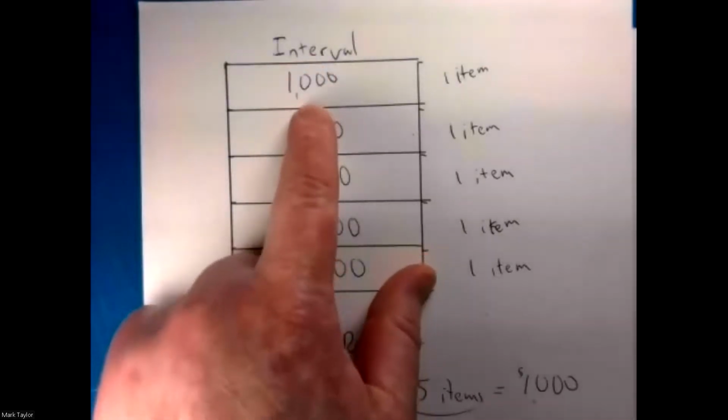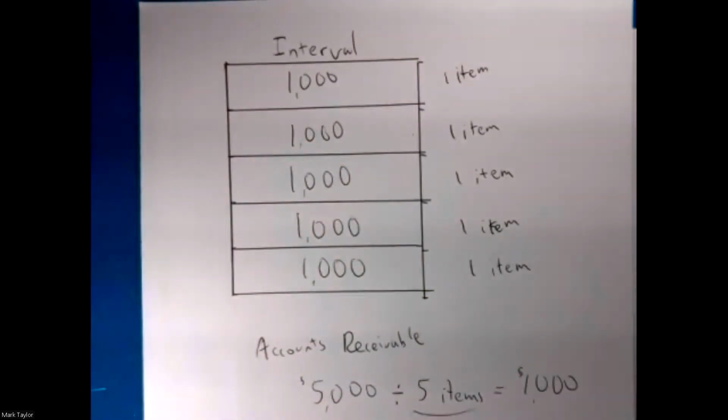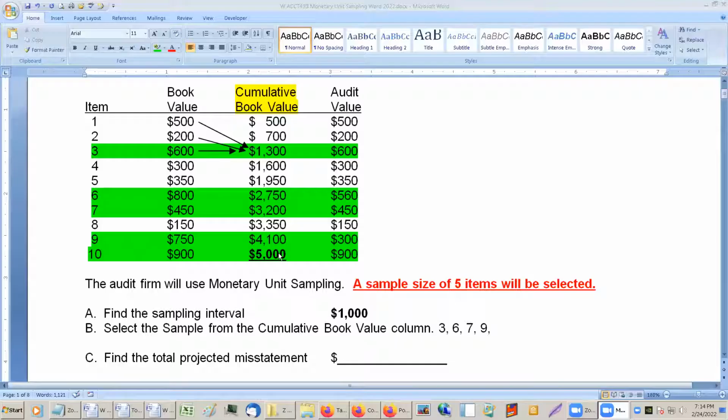So we're looking for the item that puts us over this interval. Okay, that seems easy enough. Yeah, so whichever one crosses that total, I'm going to pick. And there's actually a genius to that, which I'll talk about later.